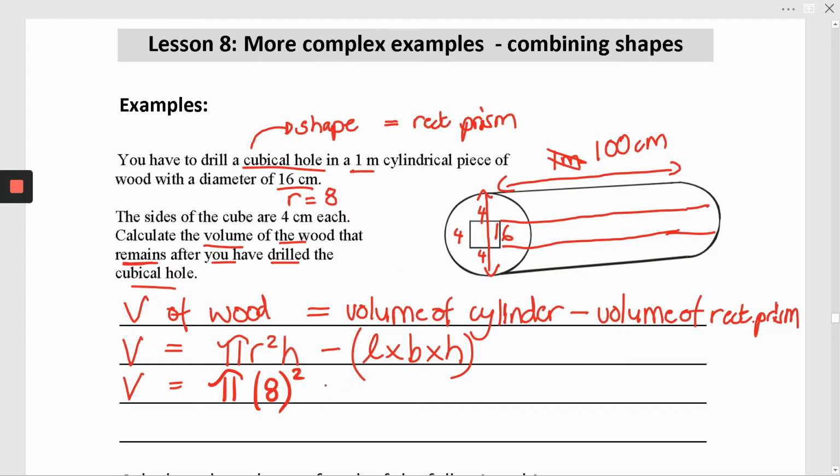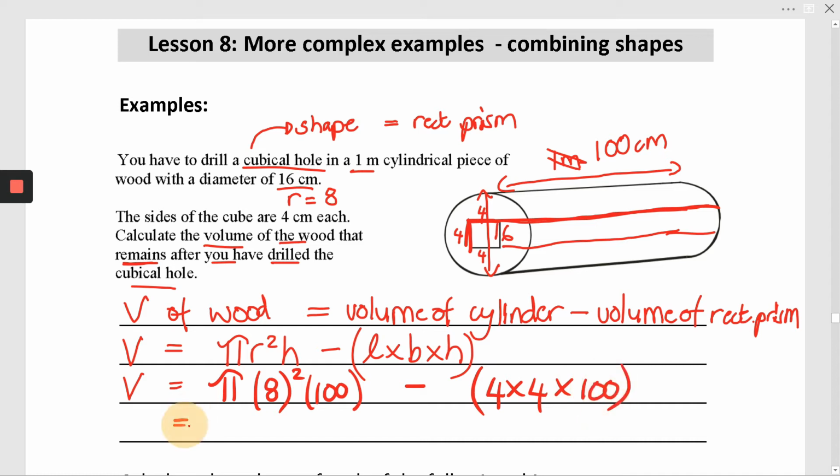So, height of the whole prism. Height is 100. And brackets means times, minus the length and breadth and height of that hole. It's going to be 4 times the 4 times that whole distance all the way to the end, which is the 100.